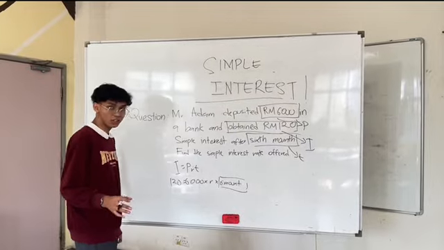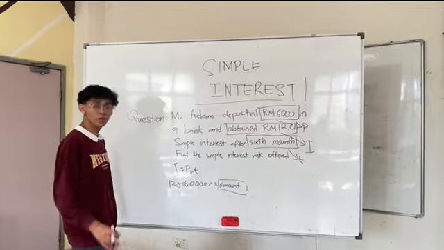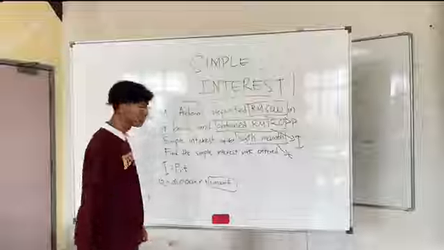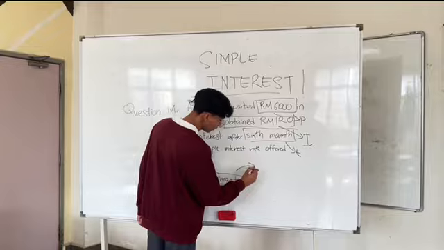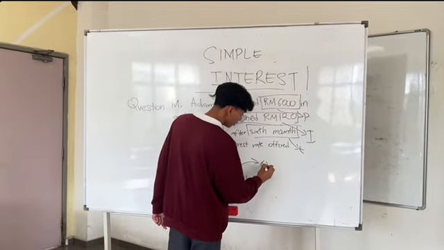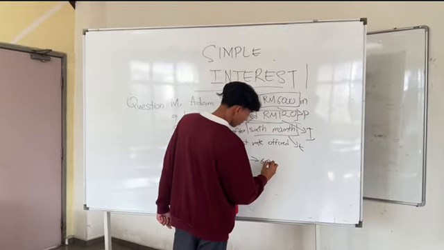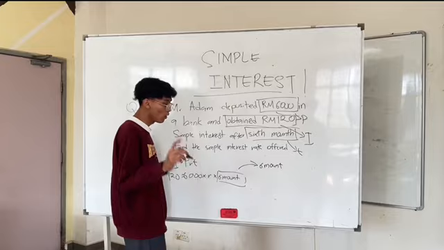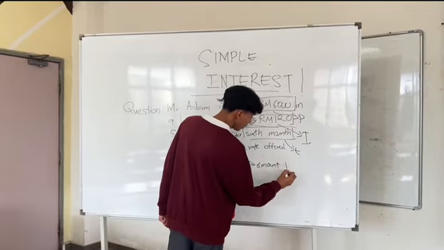We cannot put months in T, so we must transform it into the form of years. Like you know, 1 year is 12 months.